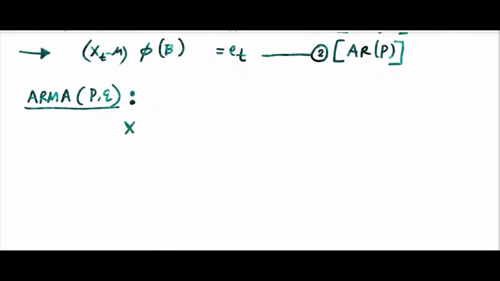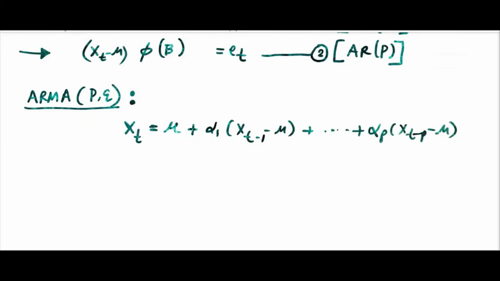If you write the general process, you start with the average value mu plus alpha 1 (Xt minus 1 minus mu), then alpha p (Xt minus p minus mu), then et, which is the same for both, then beta 1 et minus 1 up to beta q et minus q.